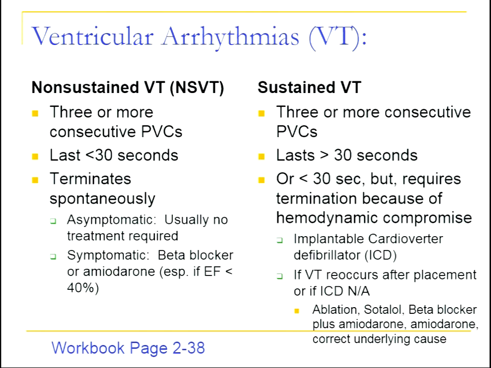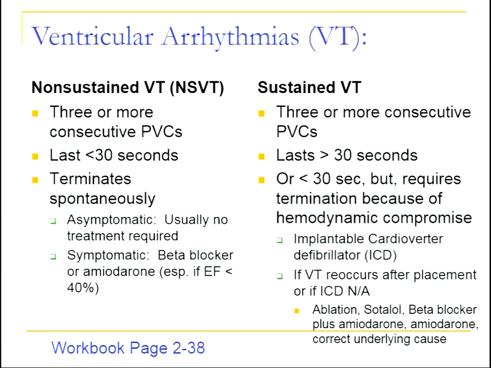So what it boils down to is whether the ventricular tachycardia is sustained or not sustained, and does that patient have structural heart disease or not? In a nutshell, for those that don't have structural heart disease, if they're asymptomatic, we just reassure those patients. If they're symptomatic, everybody's going to get a beta blocker. Easy enough. If they have structural heart disease, then that becomes very important, especially if it's a sustained ventricular tachycardia.